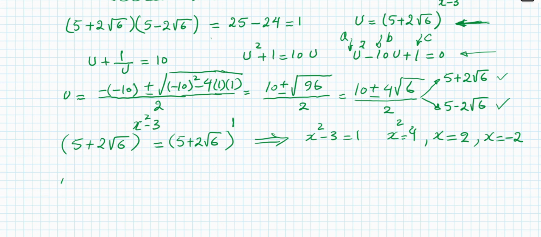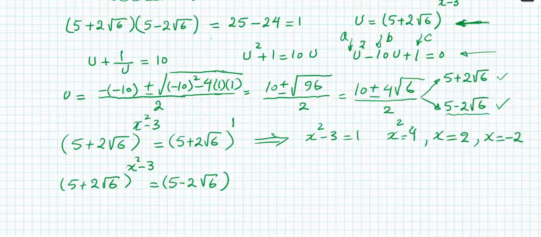Next, we consider 5 plus 2 square root of 6 to the exponent of x squared minus 3, which is my u, as 5 minus 2 square root of 6. So this is equal to 5 minus 2 square root of 6. But here we find that 5 plus 2 square root of 6 and 5 minus 2 square root of 6 are reciprocal of each other.